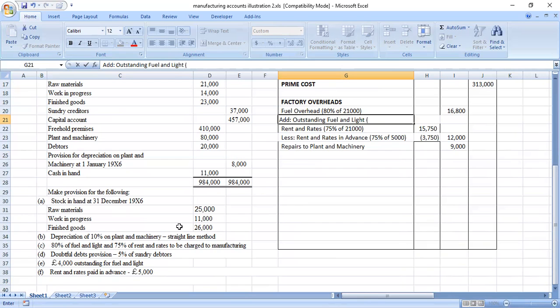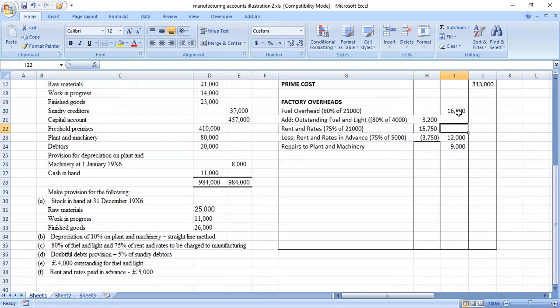It's supposed to be 4,000, but for manufacturing, it's supposed to be 80% of the 4,000. Sindio? Yes, 80%, yeah, 80% of 4,000. So which gives us how much? So 0.8 times 4,000. So we add this to 16,800.